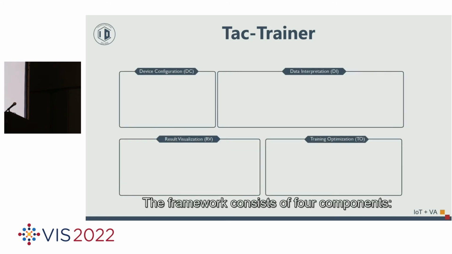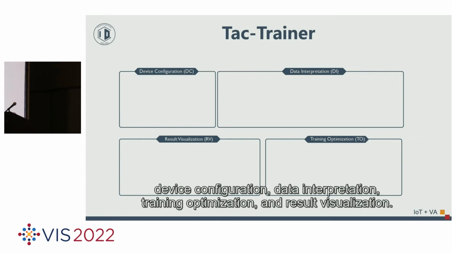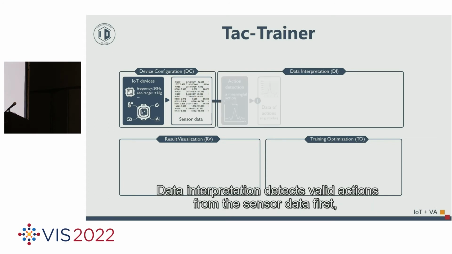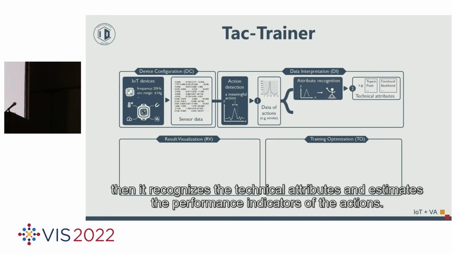The framework consists of 4 components: device configuration, data interpretation, training optimization, and result visualization. Device configuration configures IoT devices for data collection. Data interpretation detects valid actions from the sensor data first, then it recognizes the technical attributes and estimates the performance indicators of the actions.